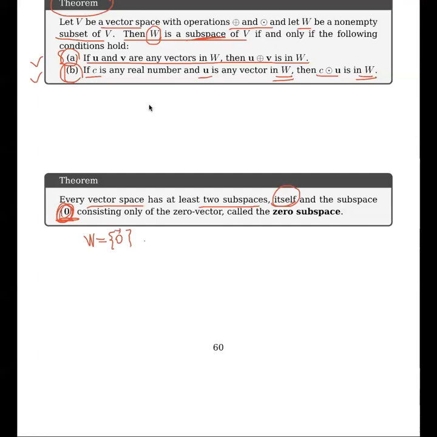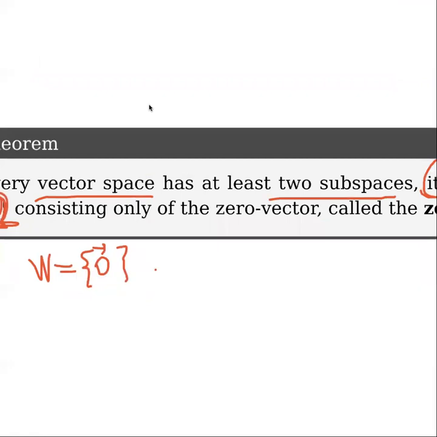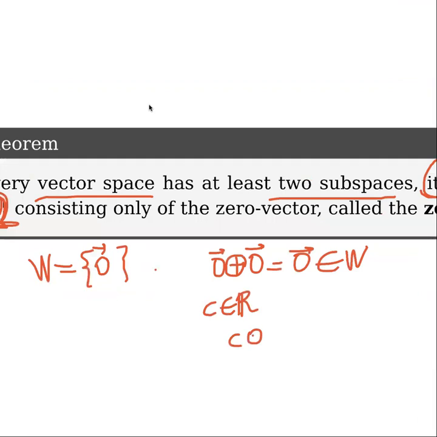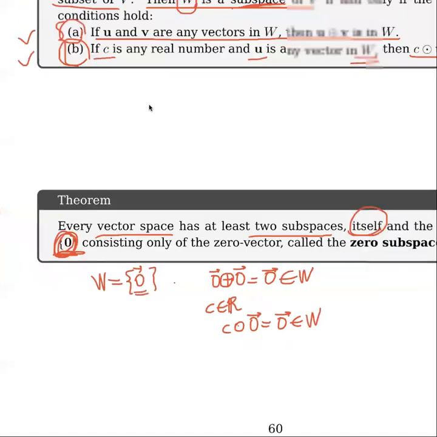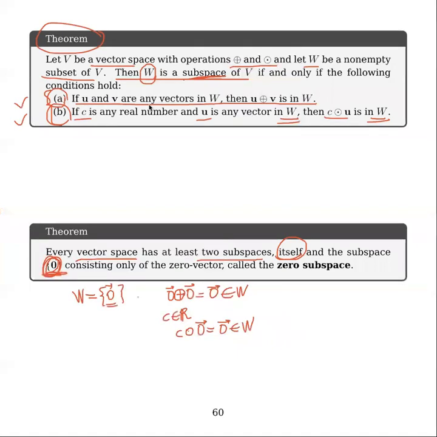If I take two elements from W, which I can only take as the zero vector, their sum is still in W. And if I take any real number and multiply it with any element in W, which means there's only one vector here, the result is still in W. So the set consisting only of the zero vector is still a subspace. This has a special name, the zero subspace.